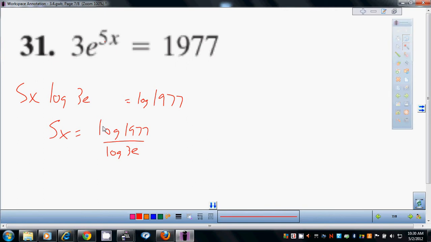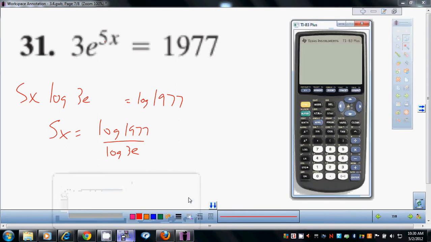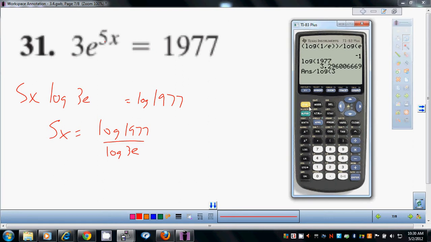Thank you. 3.616. That's not what you got? Well, let's see what I get. I'll be the tiebreaker. Log 1977 divided by log of 3. You forgot to divide it by 5. It's equal to 5x.